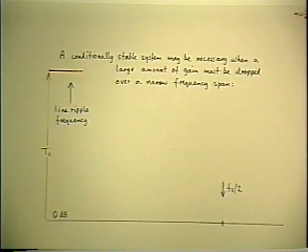I already led into it a little earlier on by saying that to make a really decent feedback amplifier, you have to maintain a high loop gain over the entire audio range that you need to get the good performance. And that could be a pretty wide window. That is 20 hertz to 20 kilohertz.